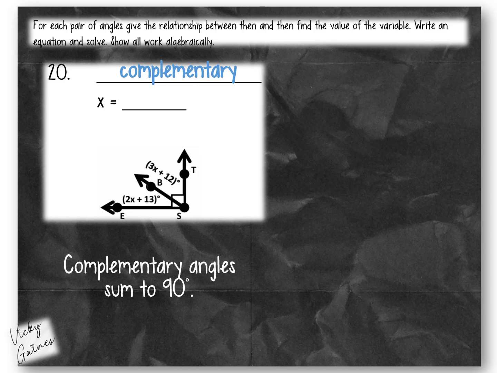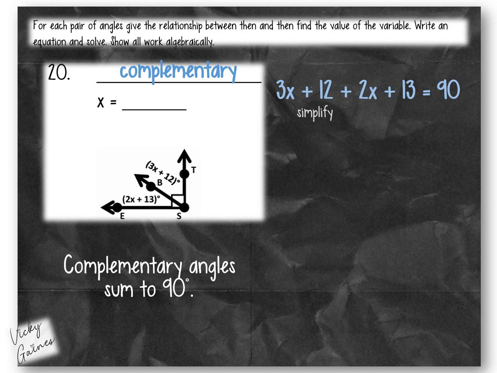Number 20, for each pair of angles, give the relationship between them and then find the value of the variable, write an equation and solve, show all work algebraically. So these are complementary angles, which means they total up to 90. So 3x plus 12 plus 2x plus 13 equals 90.